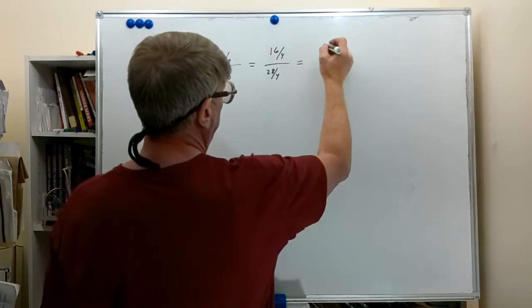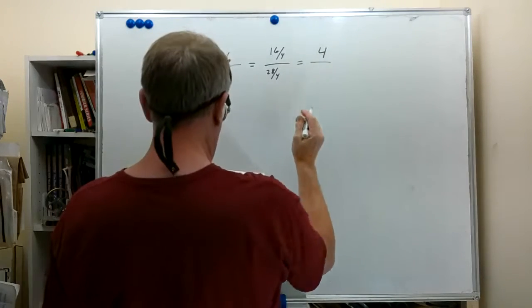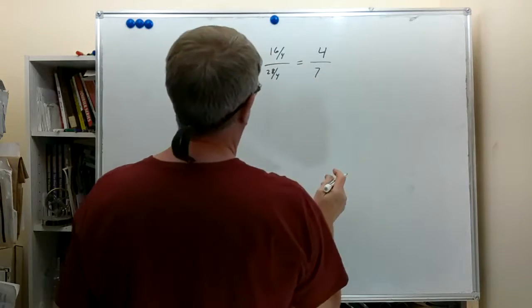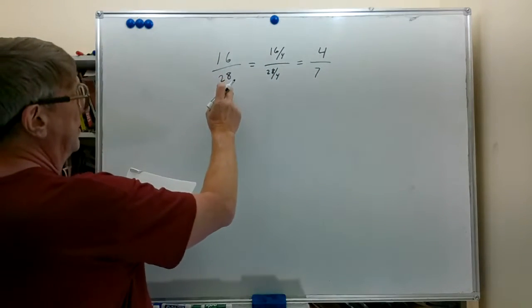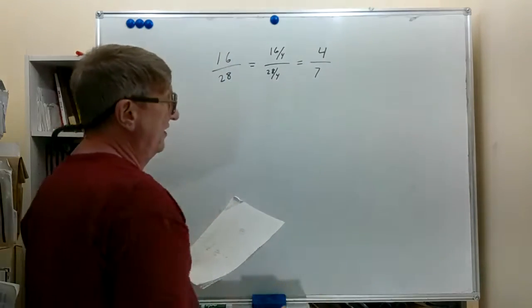We do the division. We have 16 divided by 4 is 4. We have 28 divided by 4, which is 7. So this fraction, 16 over 28, is equivalent to 4 over 7.